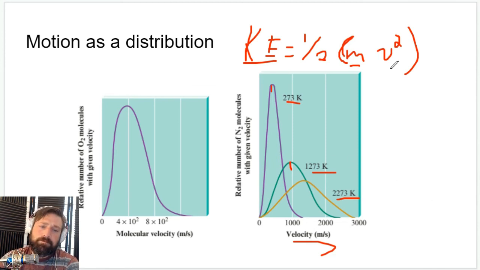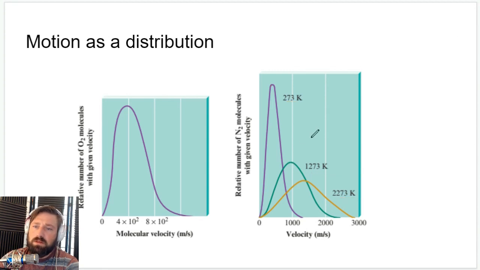Okay. Now let's think about this. I'm going to use this same thing in terms of mass. Let's say this green here is oxygen gas. Okay, and we're going to say I want to know where is methane. Is methane at the same temperature going to look like the purple or the gold?